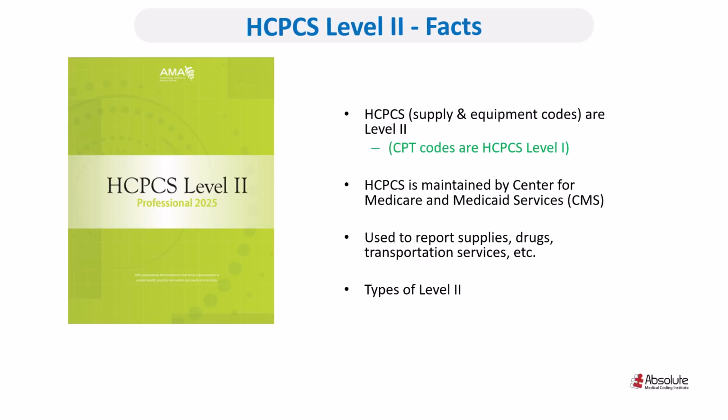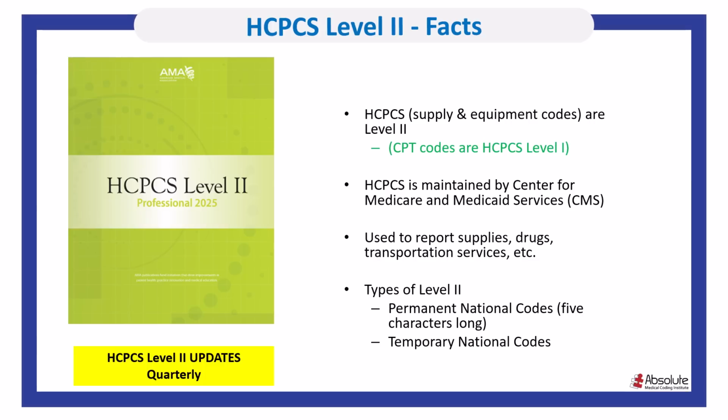And again, these are Level 2 codes, and the types of Level 2 codes that are in the HCPCS manual are permanent codes. The permanent national codes are 5 characters long, and they also have temporary codes. And HCPCS Level 2 codes are updated quarterly.